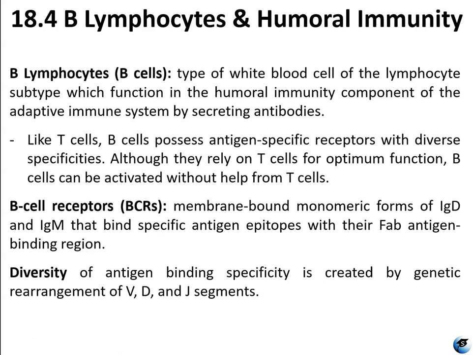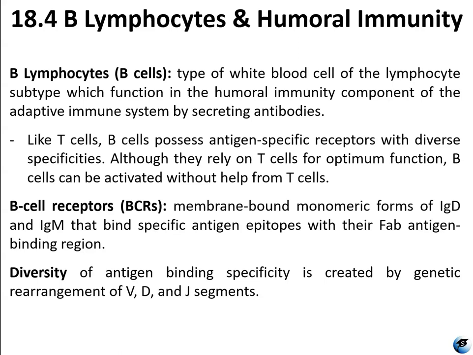Although they rely on T cells for optimum function, B cells can also be activated without the help of T cells. B cell receptors are different forms of immunoglobulin D and immunoglobulin M, so different forms of these two types of antibodies that bind to specific antigen epitopes within their antigen binding region.